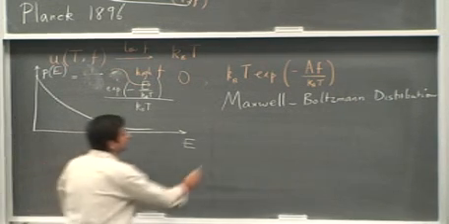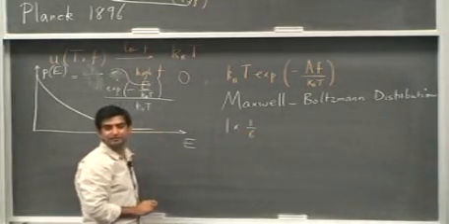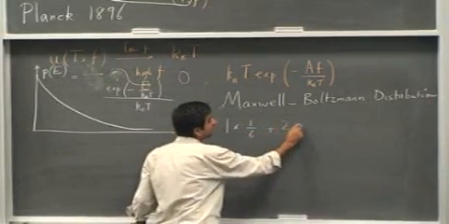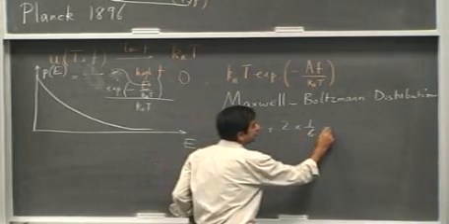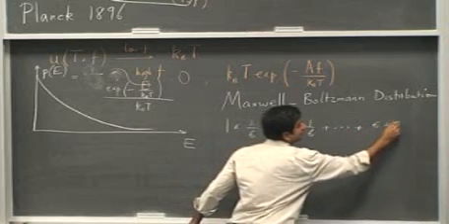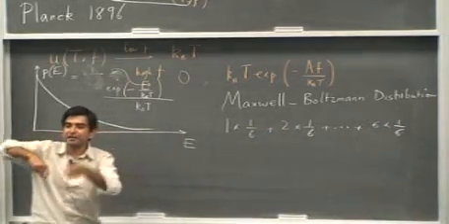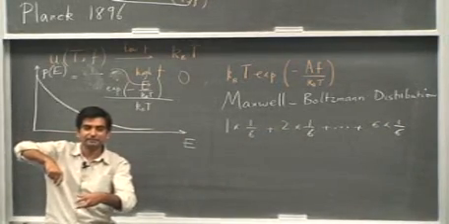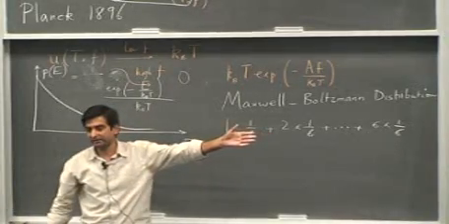You will take the number 1, multiply it with its probability 1 by 6, plus the number 2, multiply it with its probability 1 by 6, and so on. So you will take each number, multiply it with its probability, which is the same as taking the average, because all of these are equiprobable events.